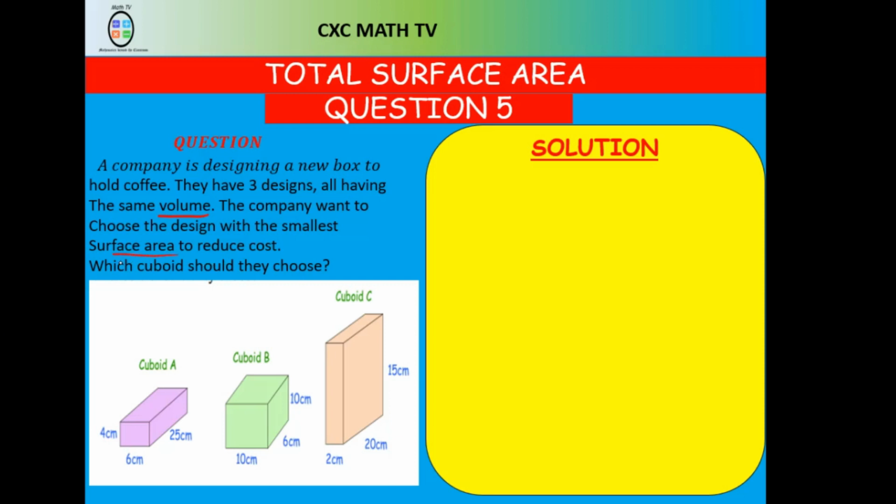Least surface area. So first, let's find the surface area for cuboid A. That would be 2 in bracket 4 times 6 plus 4 times 25 plus 6 times 25. That's going to be equal to 2 in bracket, 24 plus 4 times 25 is 100, 6 times 25 is 150.